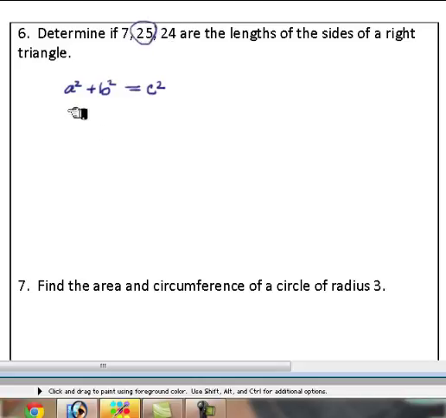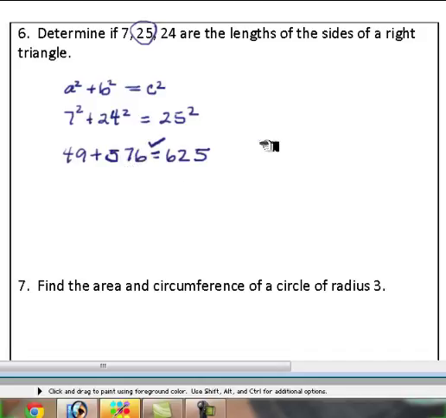So we want to see is 7 squared plus 24 squared equal to 25 squared. That is 49 plus 576 equal to 625. And it is equal, so the answer is yes.